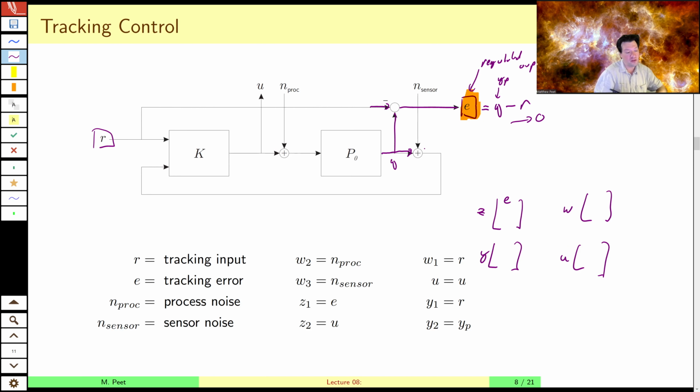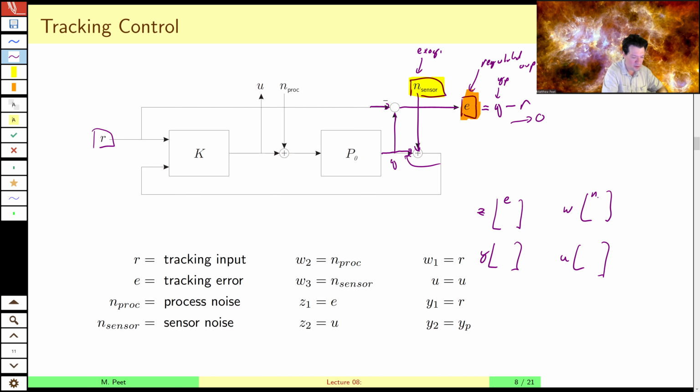So as before, we assume that we have a sensor which measures the output from the plant. But of course, it's distorted by sensor noise as before. And again, the sensor noise is not something we can control, so this is an exogenous input. To keep track of these things, we're going to put that sensor noise in the exogenous input.